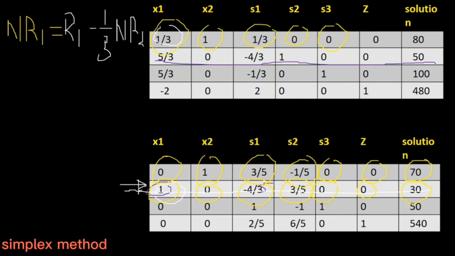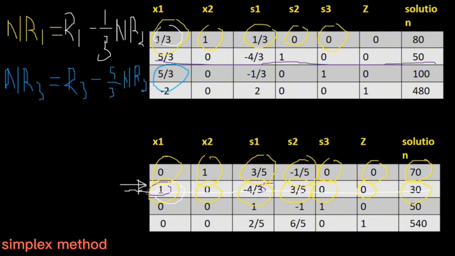Let's solve the next one. The next one is to find new row 3. New row 3 is equal to what? Where is row 3? We have already 5/3. It's 5/3. Where is row 3? Minus 5/3 of new row 2.